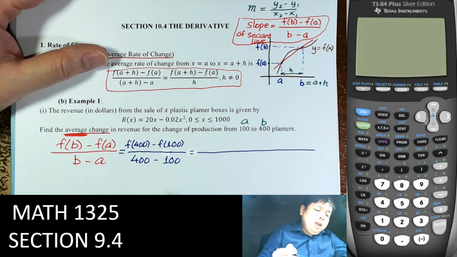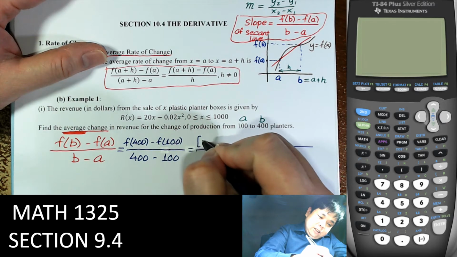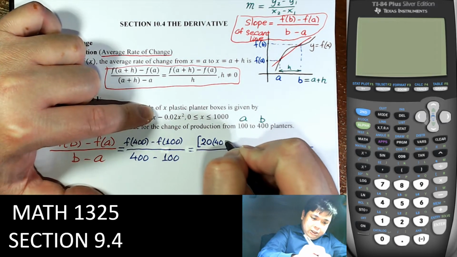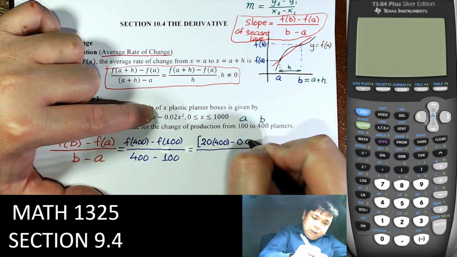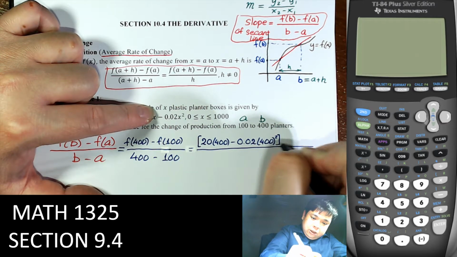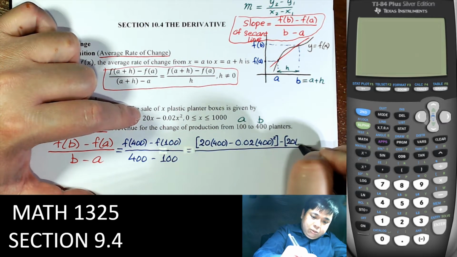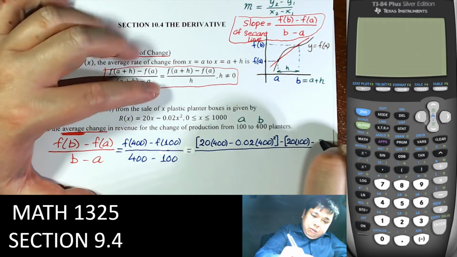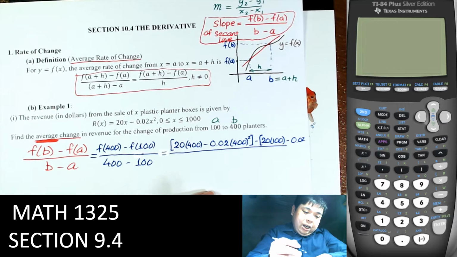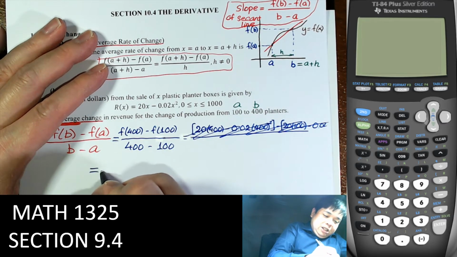Now, we just simply put 400 into this. I'm just going to write here.